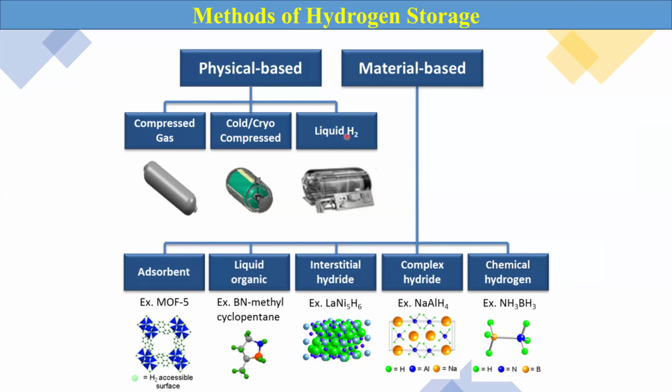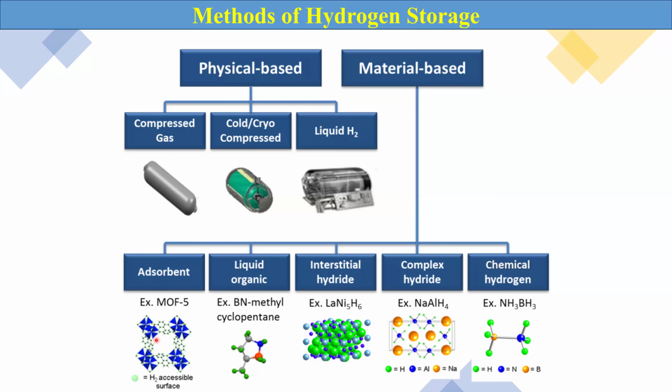But in terms of material, it can be used as an absorbent, that is MOF, where the hydrogen is accessible by means of the surface. Within that material, the hydrogen is absorbed at the surface itself.